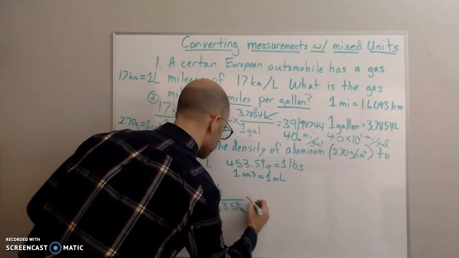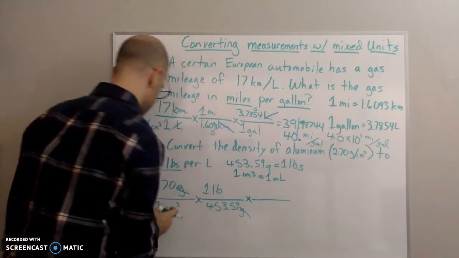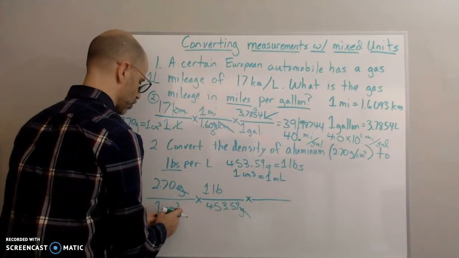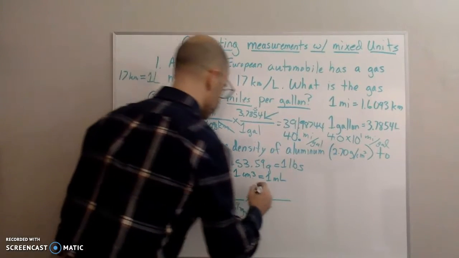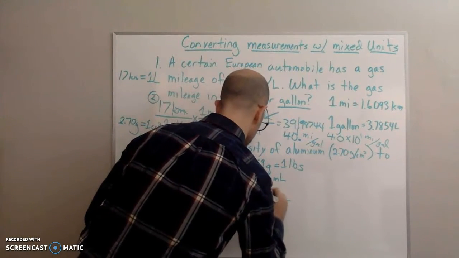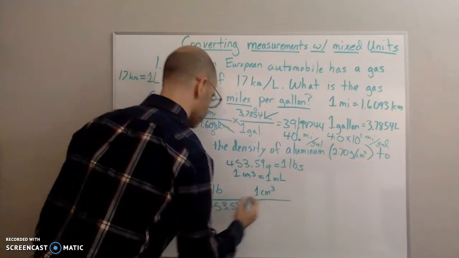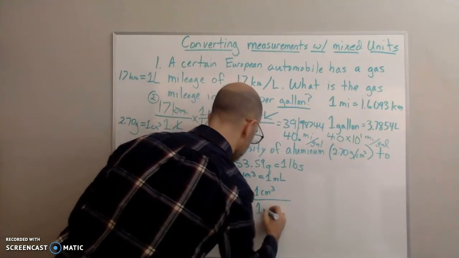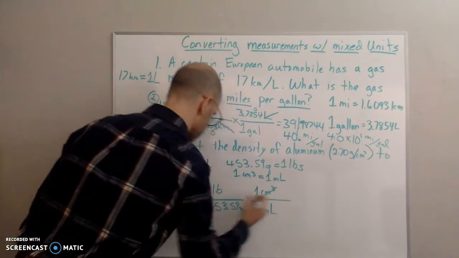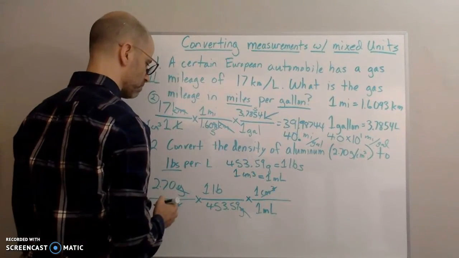So let's do that. I have centimeters cubed on the bottom, so I'm going to put 1 centimeter cubed on top to cancel out, and then 1 milliliter on the bottom, so centimeters cubed cancels.